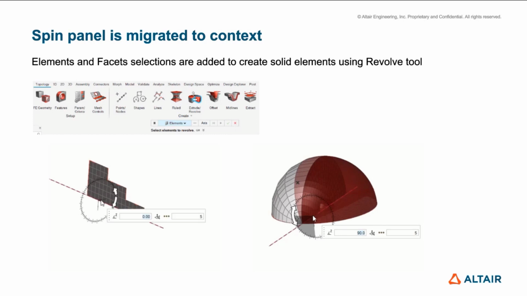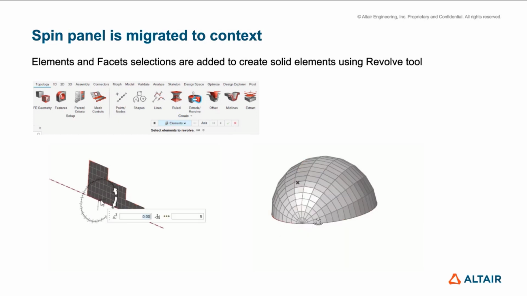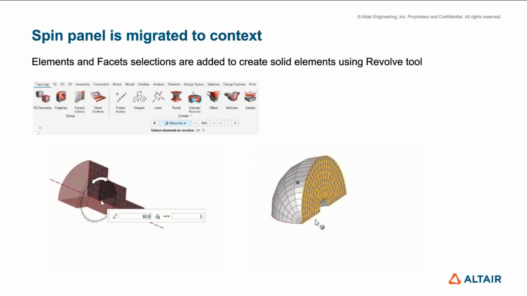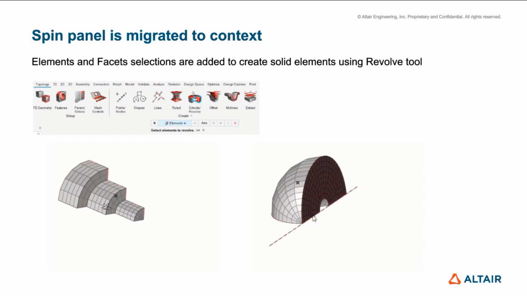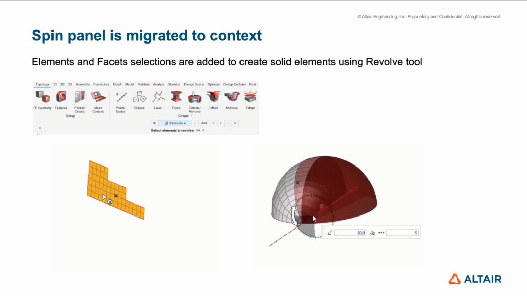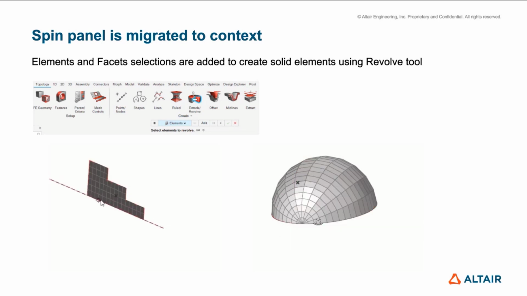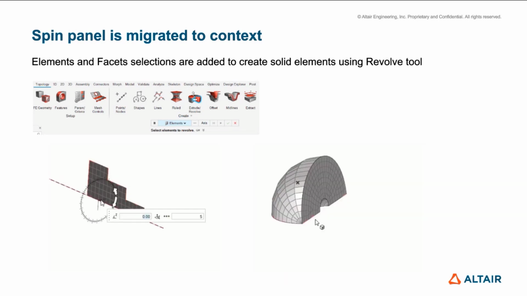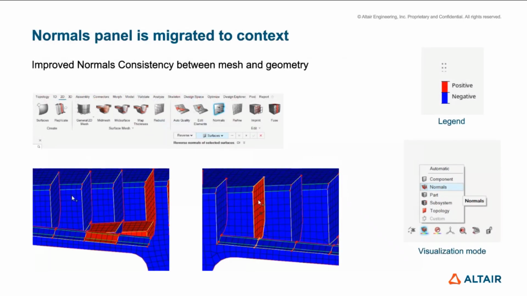Now it will also enable us to create solid elements. Basically, I can select 2D elements and then revolve along an axis to create the solid elements, or I can select faces of 3D elements to create solid elements. So this is migrated to the revolve tool now, which was previously called spin.